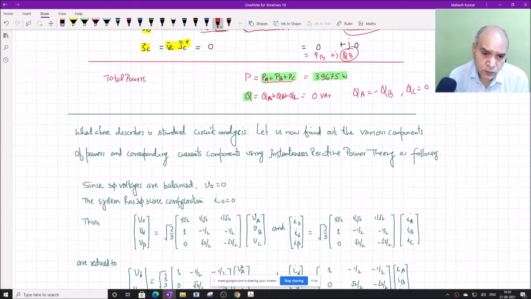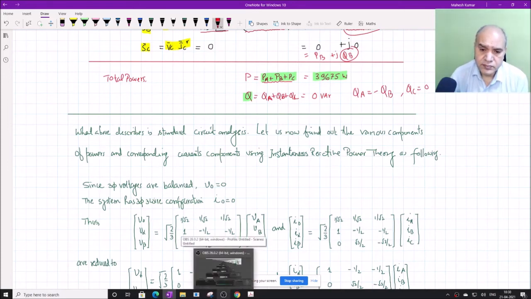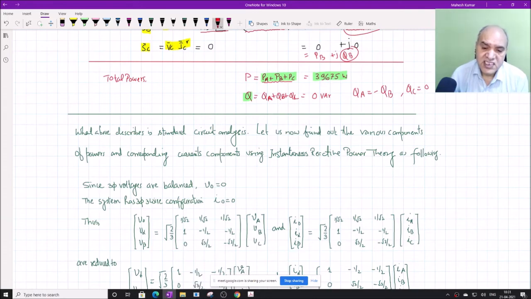So particularly for this configuration, which is a three-phase 3-wire system, actually looking from the primary side. We look from the primary side, then it is seen as a three-phase 3-wire system.